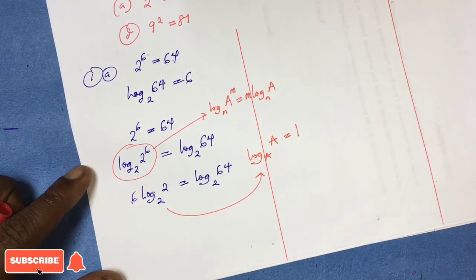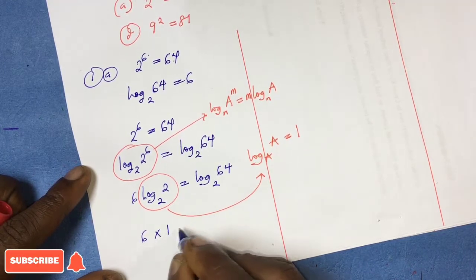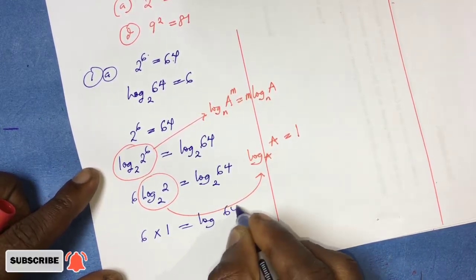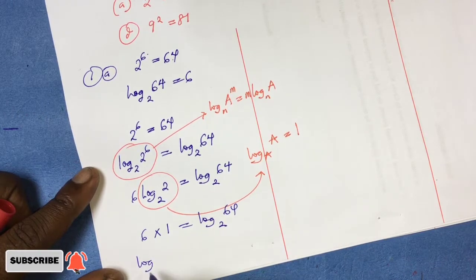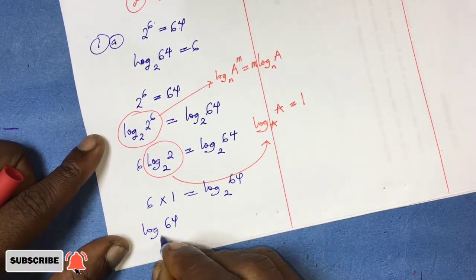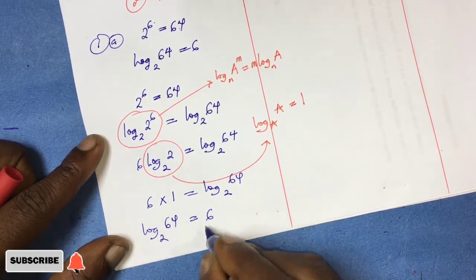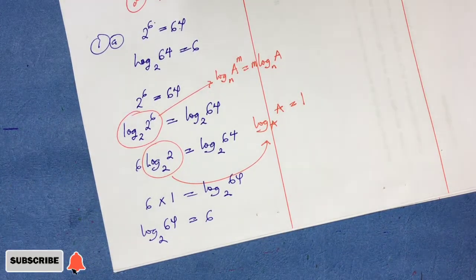So log 2 in base 2 is 1. So that would be 6 times 1, giving us log 64 to base 2. And what is log 64 to base 2? It is now 6 times 1, which is 6. So whichever way you get the problem solved, it boils down to the same thing.